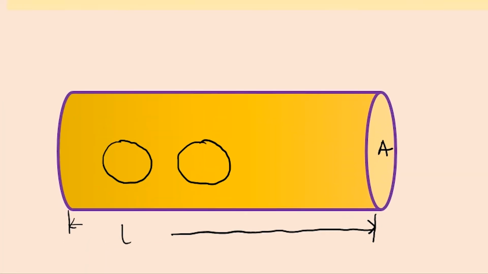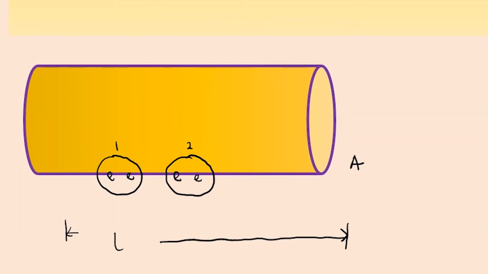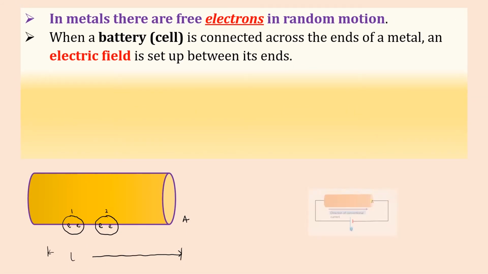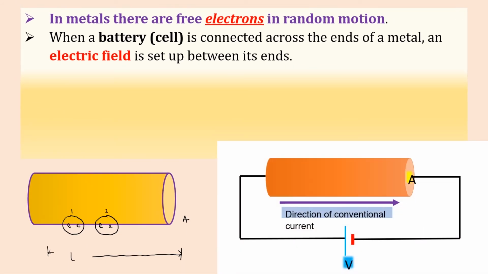So if this is atom 1 and this is atom 2, these atoms have electrons, and they are always free to move because the atoms are vibrating about their mean fixed positions in the lattice. But when a battery or a cell is now connected across the ends of that metal, we expect an electric field to be set up.